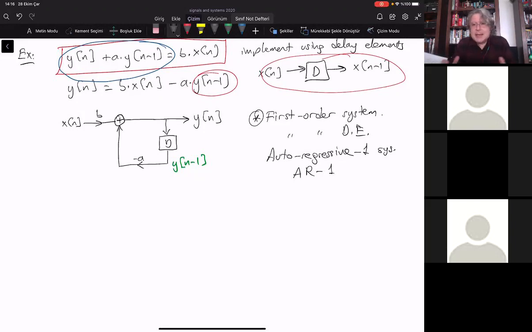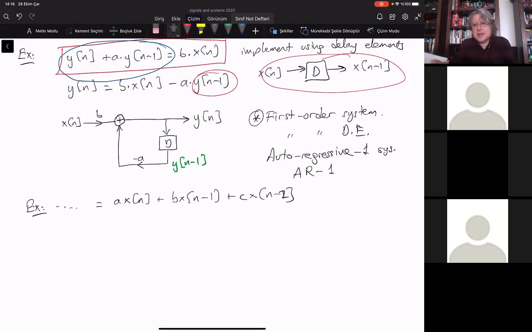If you delay the input and add them up, like dot dot dot is equal to, let's say, a times x of n plus b times x of n minus 1 plus c times x of n minus 2. Let's say that this is also an example.